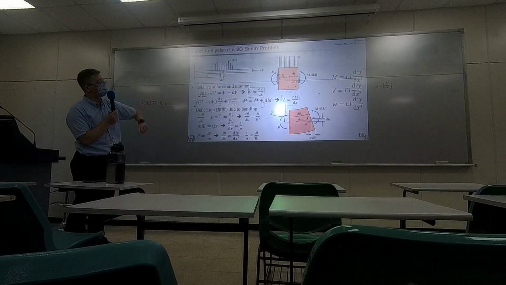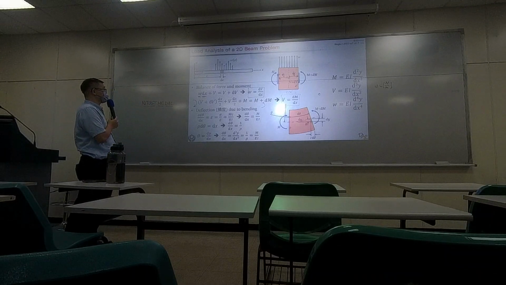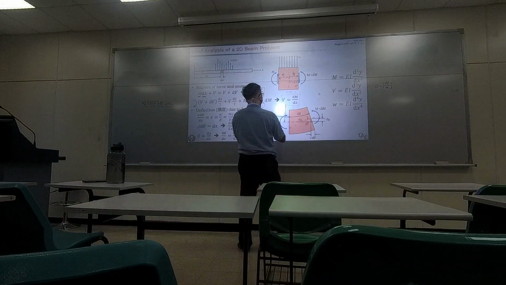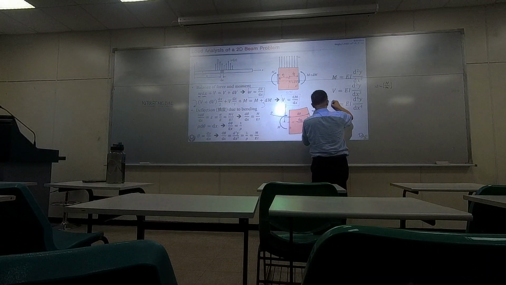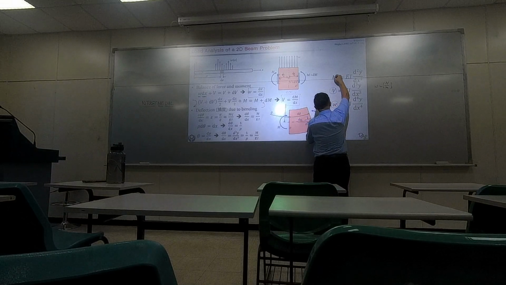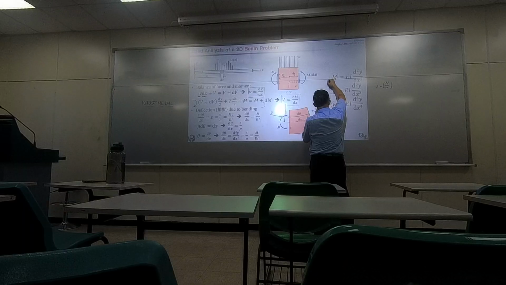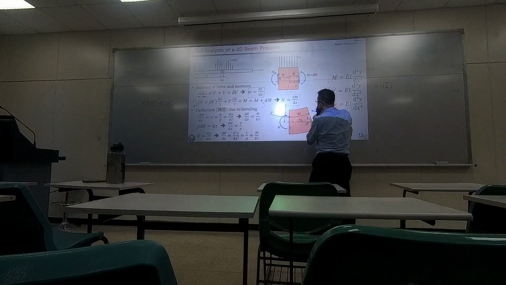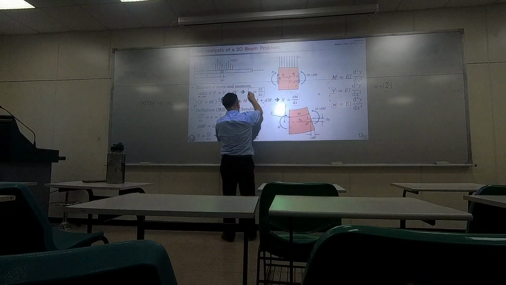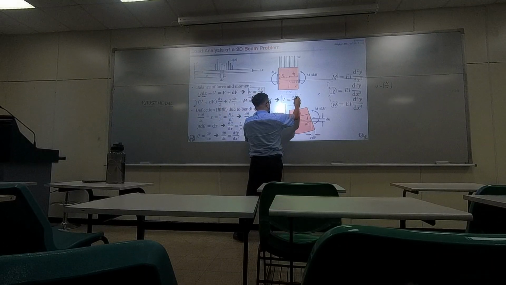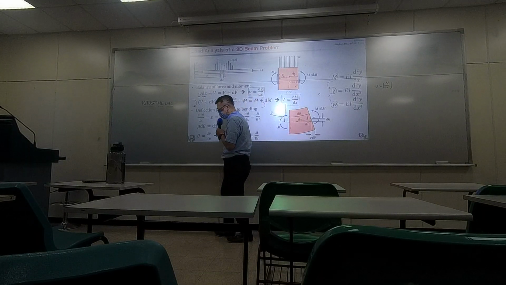So then we have the equation on the right. But now we know there are several things. You have W, you have V, and M. They are very related. W and V have this relationship. V and M have this relationship. Okay?